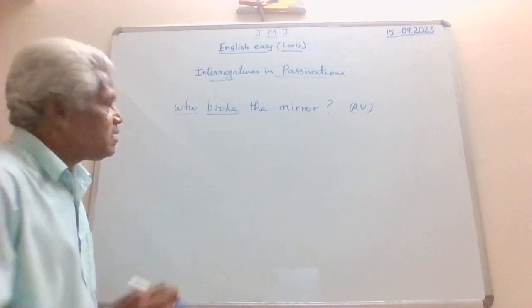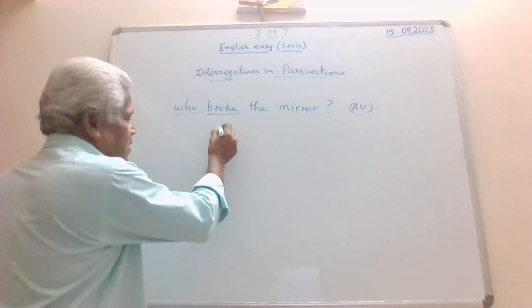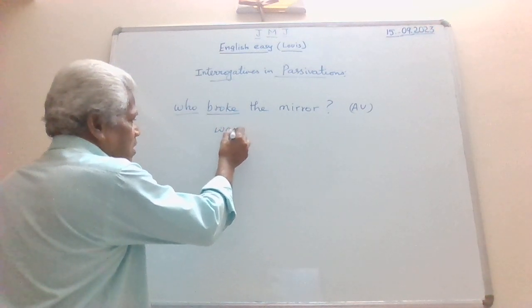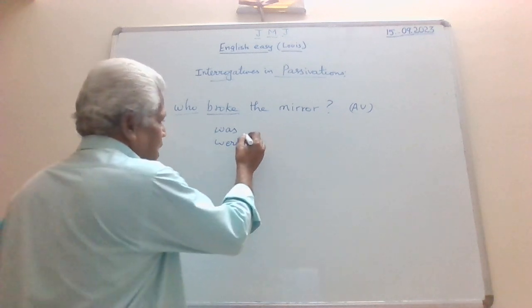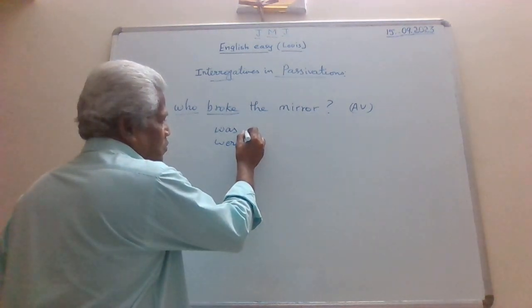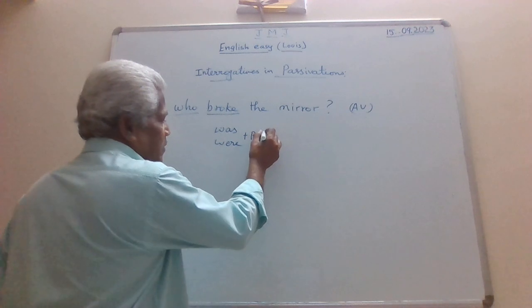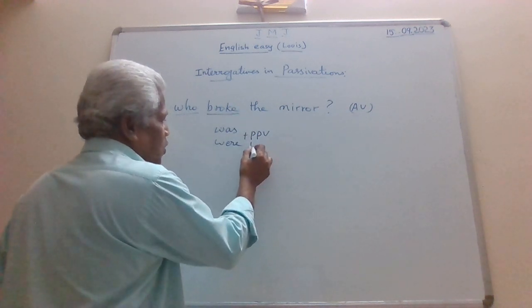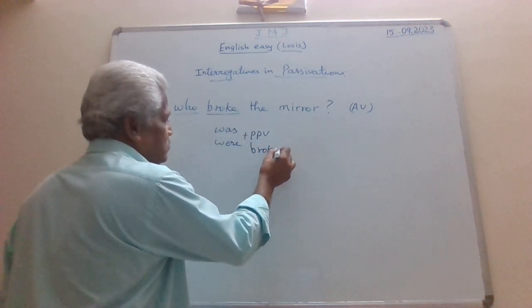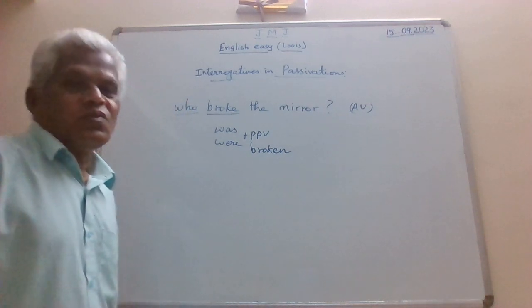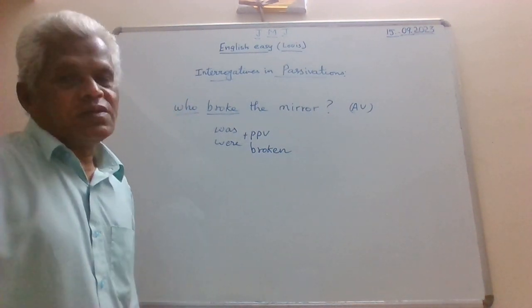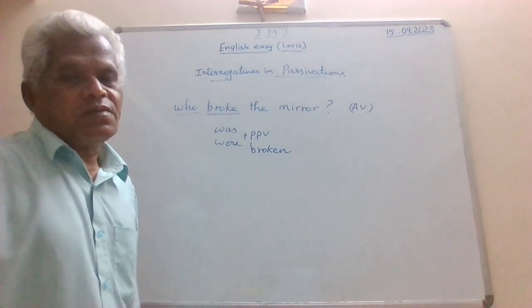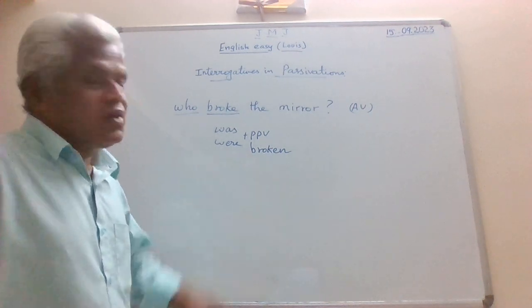It could be was or were, and the past participle form of the verb, and here it is broken. Was broken, or were broken.